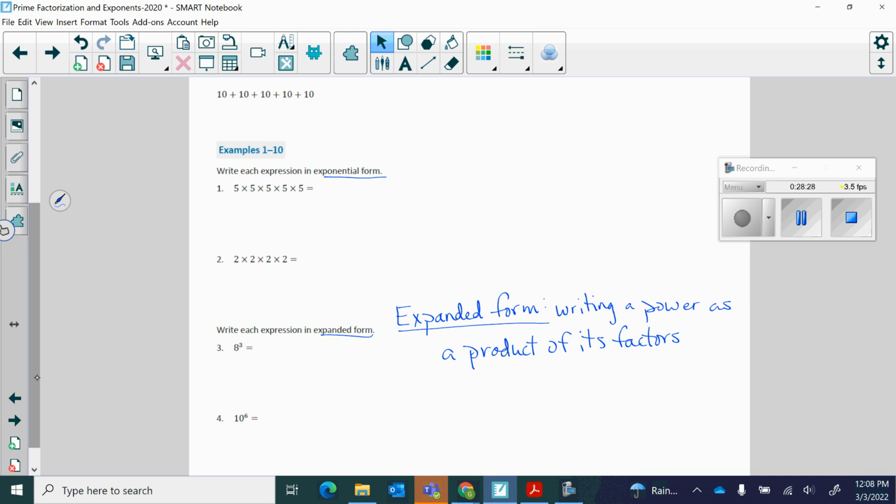Or in other words, say I have 5 to the 4th power. Expanded form is 5 times 5 times 5 times 5. So this is the expanded form.